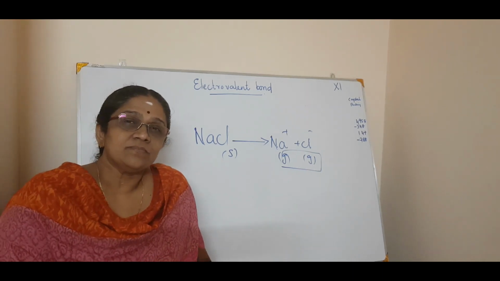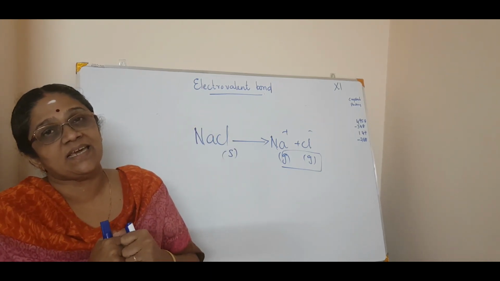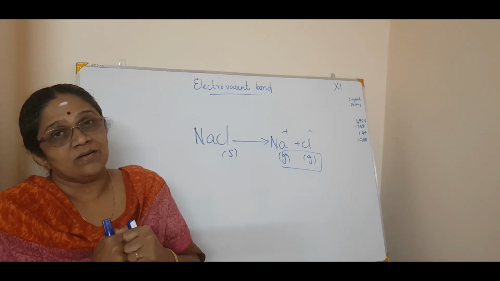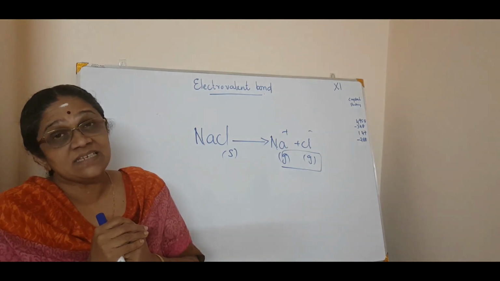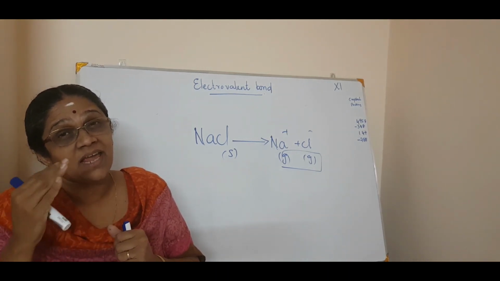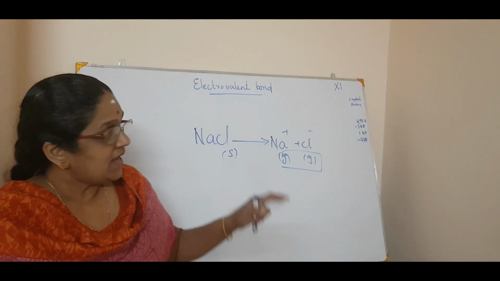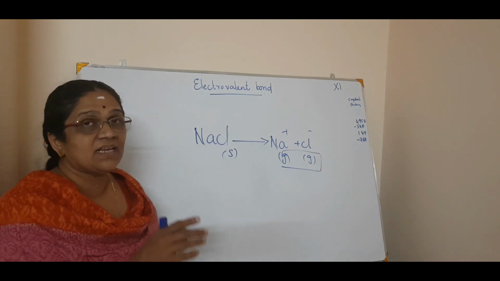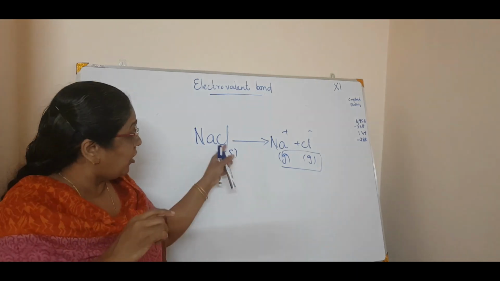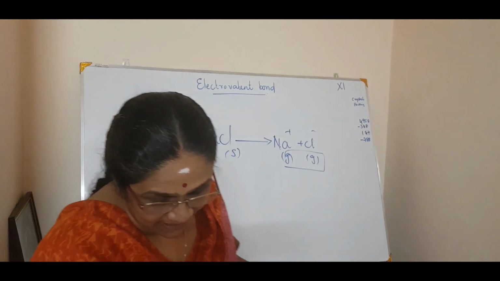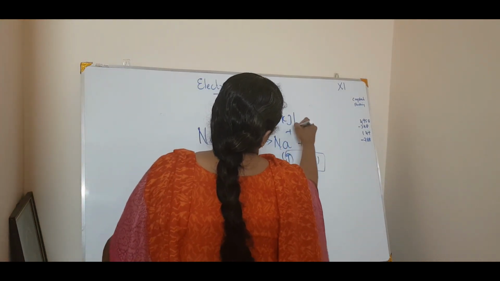So remember, we have set the formation of the lattice of NaCl. How much energy is released? Minus 788 kilojoules per mole is released. Then if 1 mole of NaCl is broken, the enthalpy will be plus 788 kilojoules per mole.